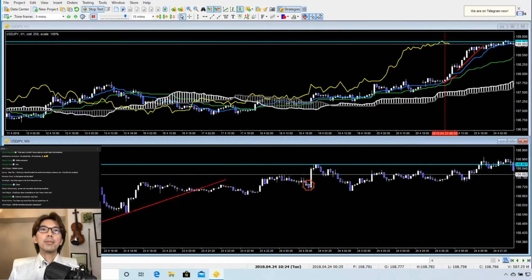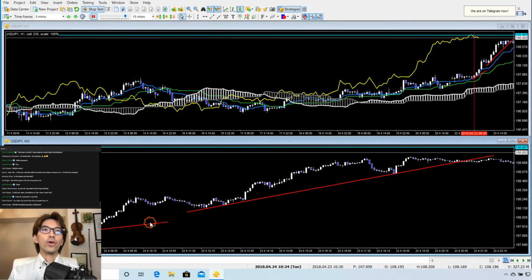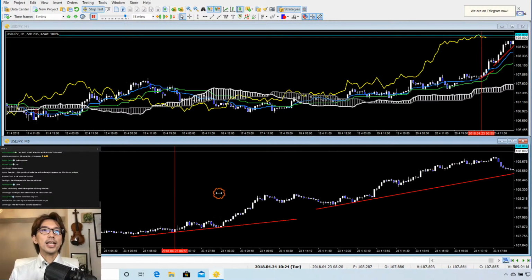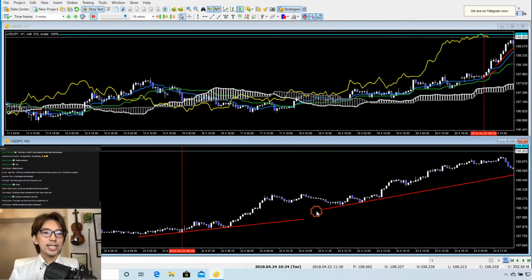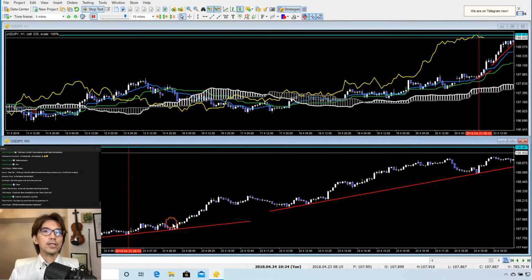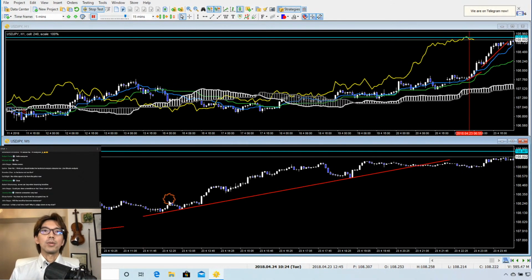I think the best example was when the market was also in an uptrend in these smaller time frames. In that case, you can draw these trend lines and just expect the next pushback and take buy chances on these pushbacks in smaller time frames.